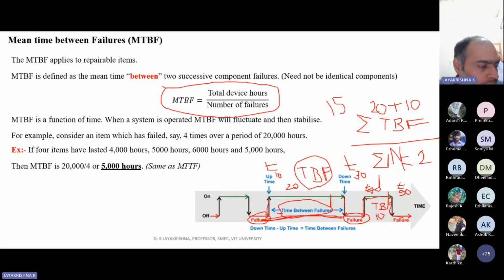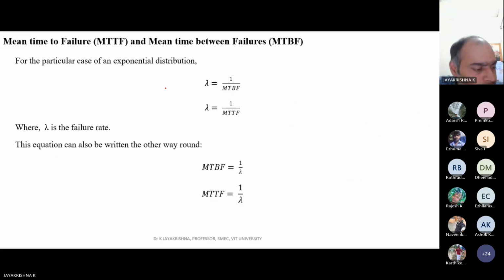Have you noted it down? Done, sir. Okay. So now please note down these formulas.